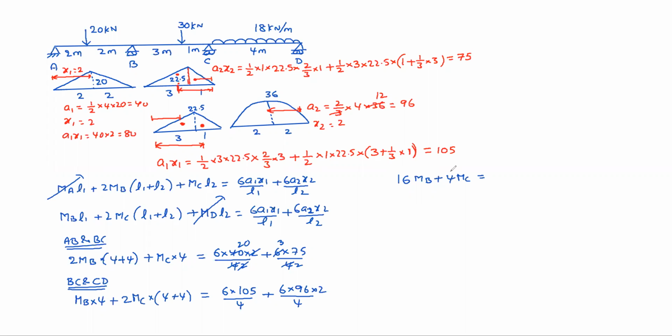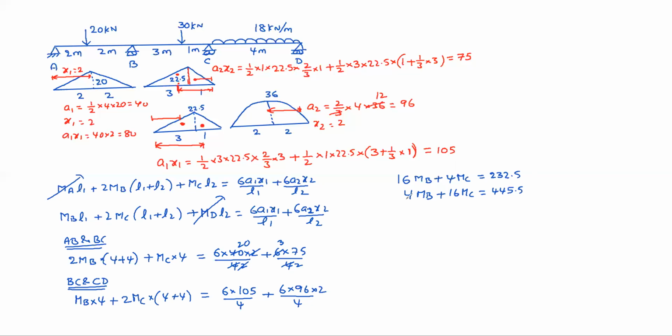Equal to how much? 120 plus 465 by 2, total 232.5. The second one: 4 MB plus 16 MC equals 445.5. So these are the equations.